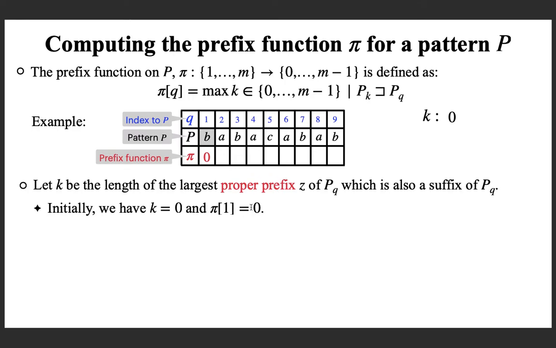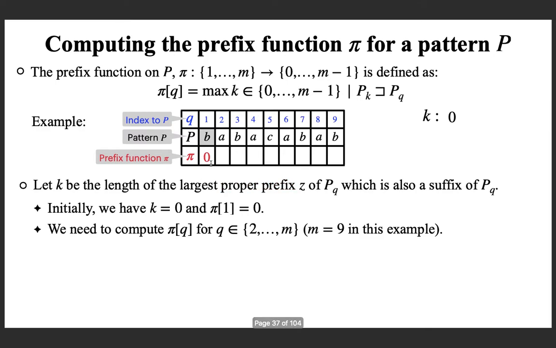This must be 0. I hope you are getting it, because you have a string of length 1, the proper prefix must be of length less than 1, and that must be 0. So you can initialize k as 0 and pi at 1 is 0. Now we need to compute the values of pi q for all values of q from 2 to m. In this particular example, the length of the pattern, which is m, is 9.